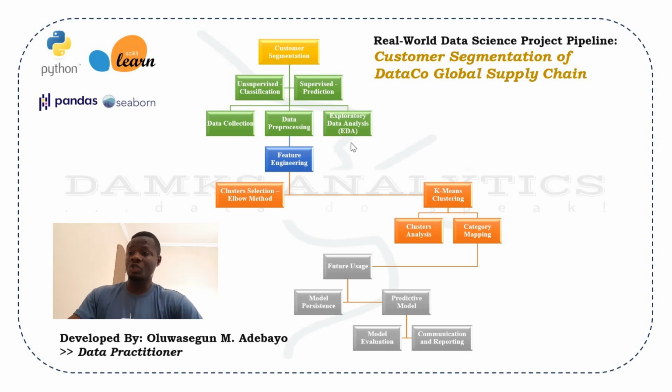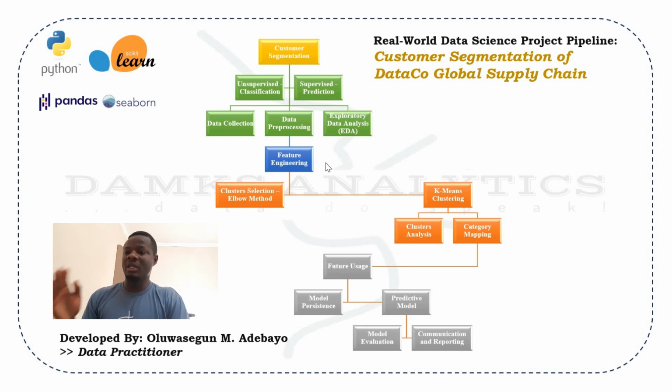The pipeline is very important because it shows the flow. I don't start any data science project or data analysis without having a laid down pipeline or a drawing, a plan of how I want to do the analysis.